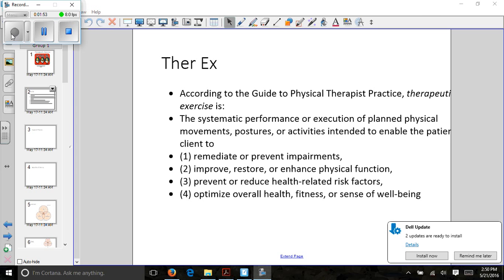If you think about a patient who has COPD, you will be teaching them respiratory exercises. Definition-wise, basically, it's therapeutic. It's supposed to help reverse or even prevent different impairments that your patients have, and also help them to restore what they were from a functional perspective and optimize health.